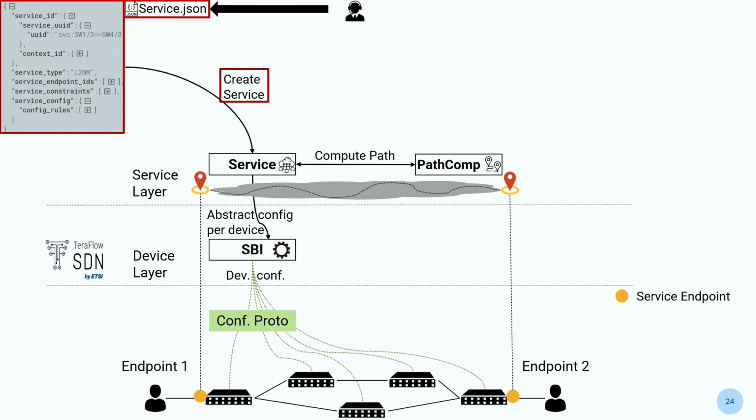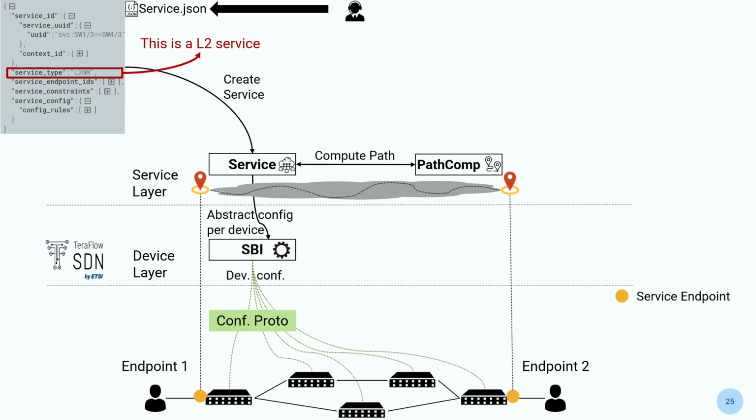And of course, define the endpoint IDs. So where is host A in the network and where is host B in the network? Meaning, what is the device and what is the port of that device you would like to connect? As part of the service, we can also inject some constraints in the sense of service configuration rules, but this is out of discussion for now.